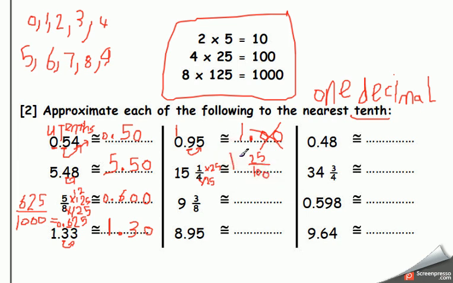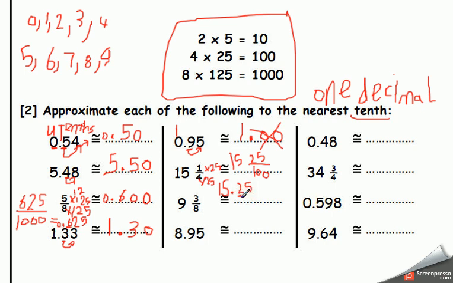And write the whole number again, so the answer will be 15. Point. I have two numbers in the numerator and two zeros in the denominator, so I will write 25, and be sure the decimal point is after two numbers starting from the right.